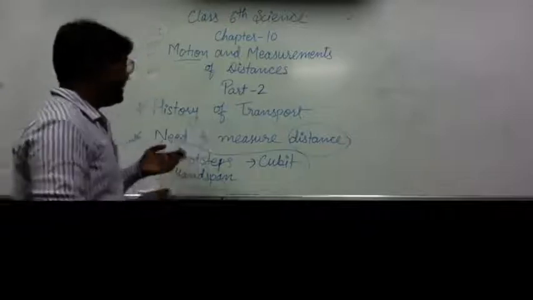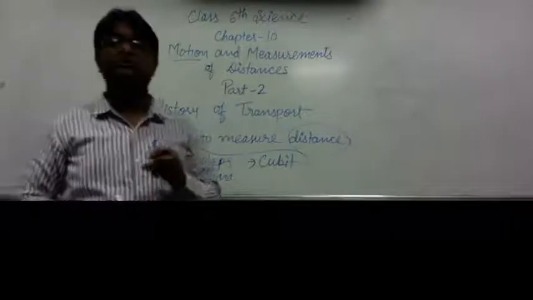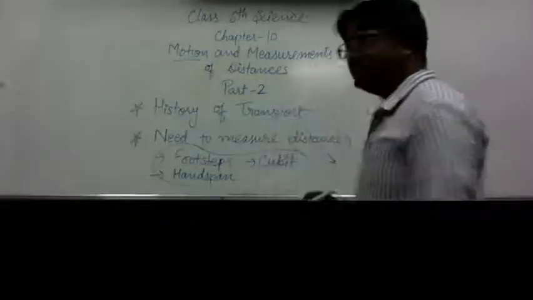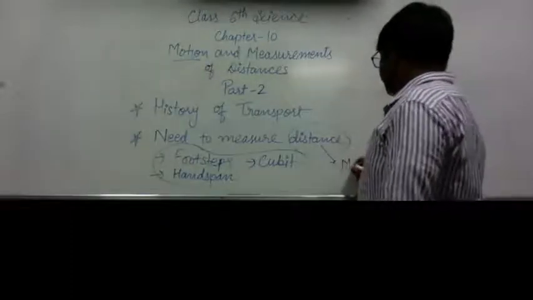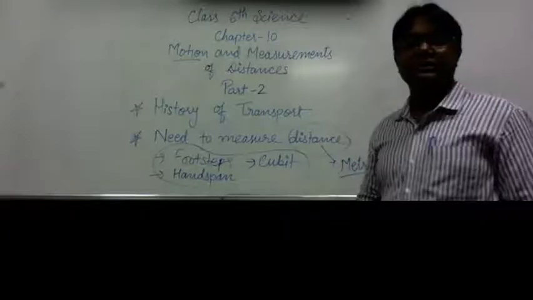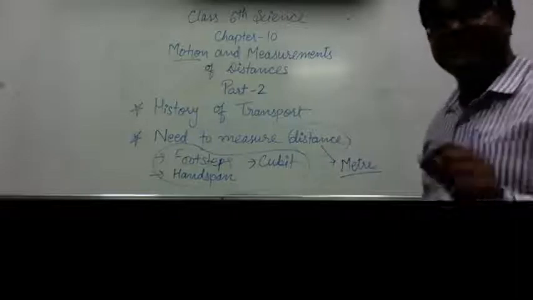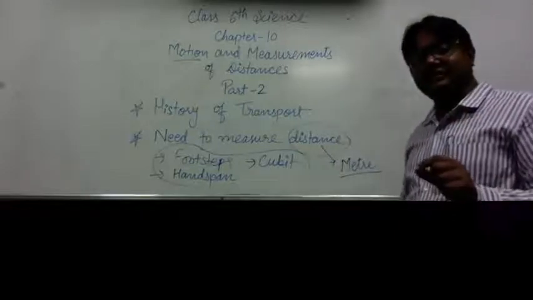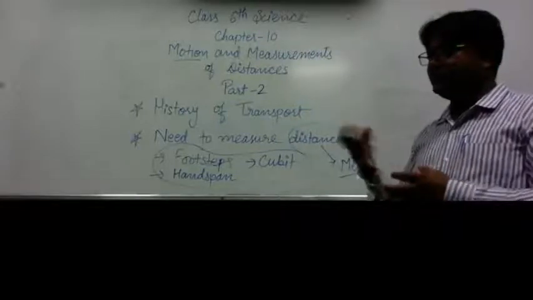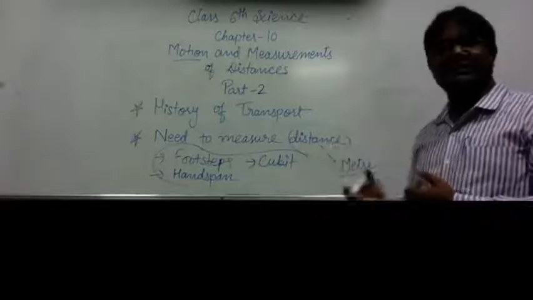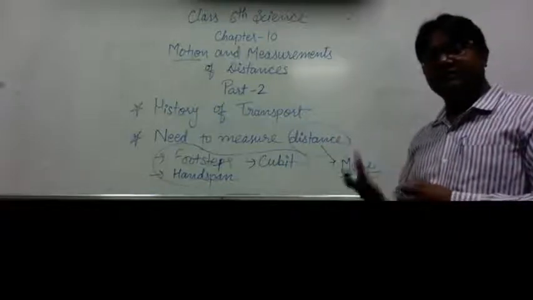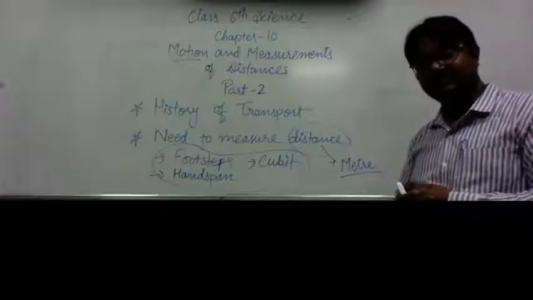For that, we have established certain units of measurement. Length is measured with the help of the unit called the meter. Meter is the unit used to measure distance and length. For example, if we are going somewhere from here, how many meters is the short distance, how many kilometers is it, how many kilometers far away from us.